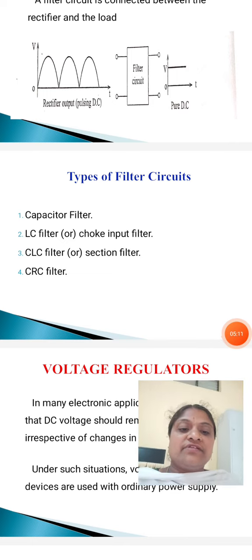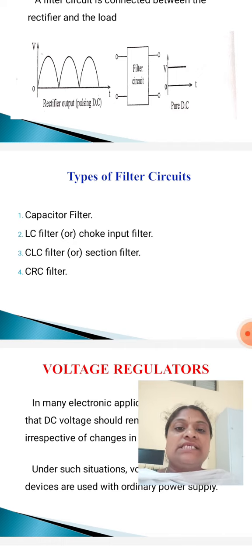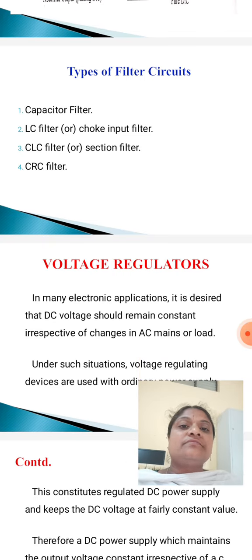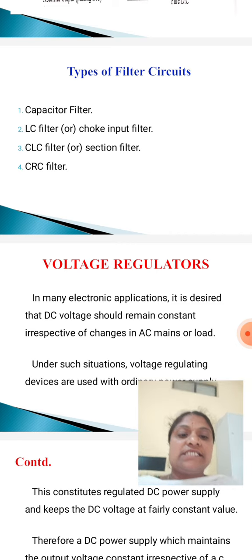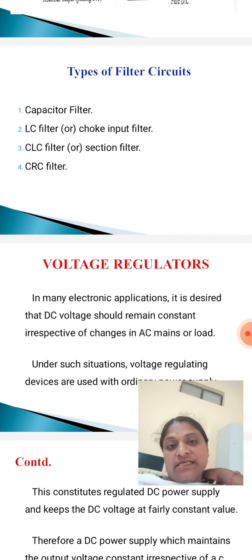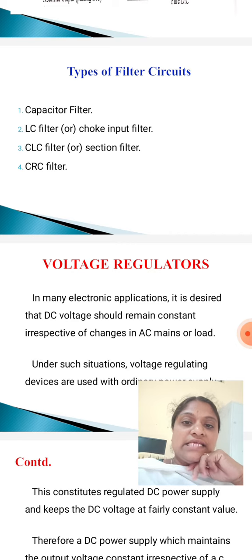The third type is the CLC filter. Another name of the CLC filter is the pi section filter. And the last one, the fourth type of filter circuit, is the CRC filter.